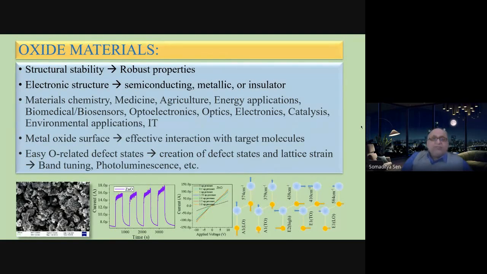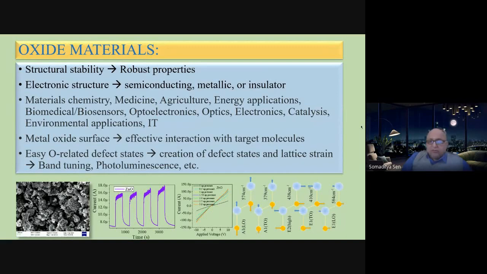Okay, so these oxide materials are applicable in materials chemistry, medicine, agriculture, energy applications, biomedical sensors, biosensors, and optoelectronics is a very well-known thing. Optics, electronics, catalysis, and environmental applications.